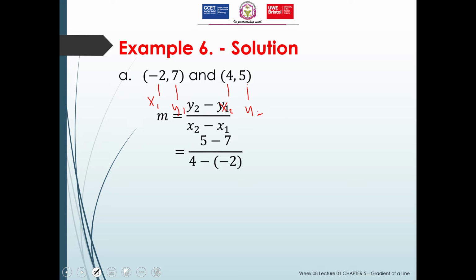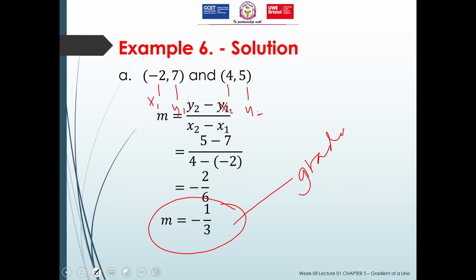Y sub 2 is 5 minus y sub 1, which is 7, divided by x sub 2, which is 4, minus x sub 1, which is negative 2. So this gives us 5 minus 7 is negative 2, 4 minus negative 2 is 6. Reduce to lowest terms, we get m equals negative 1/3. So negative 1/3 is the gradient of the line joining the points negative 2, 7 and 4, 5.